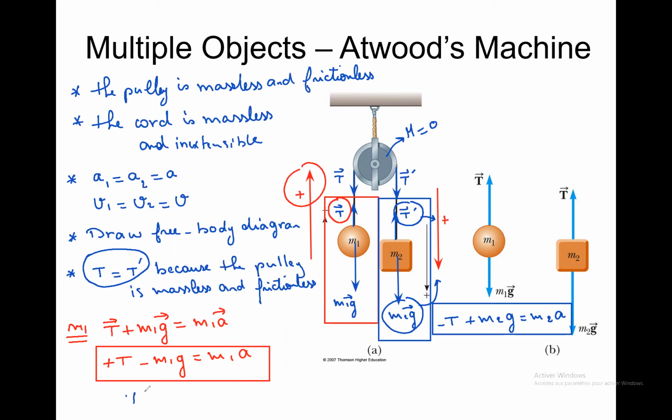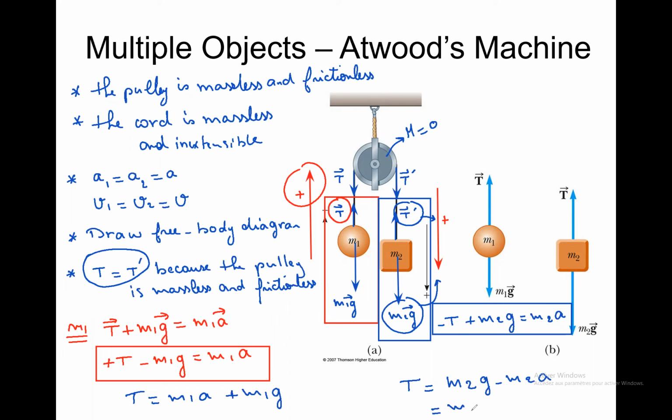We can say here T equal M1a plus M1g, and here we can say T equal M2g minus M2a.